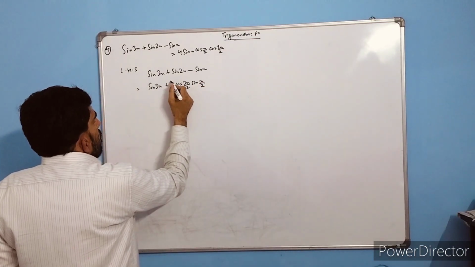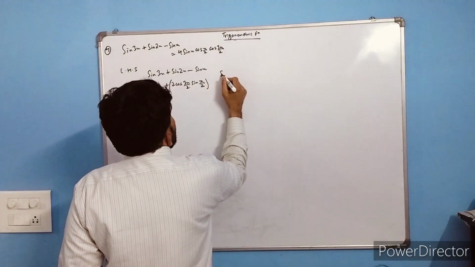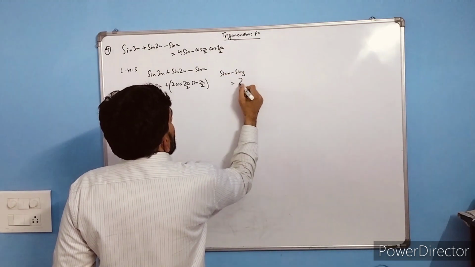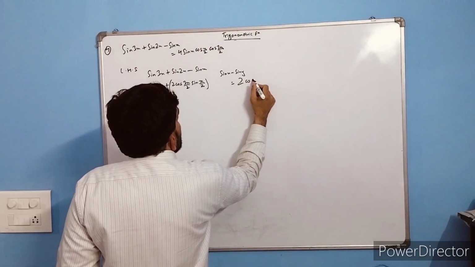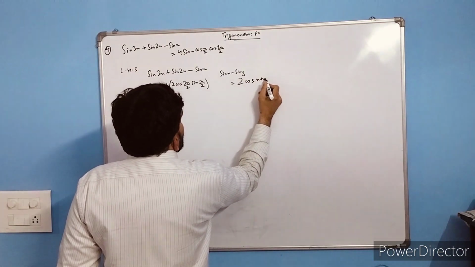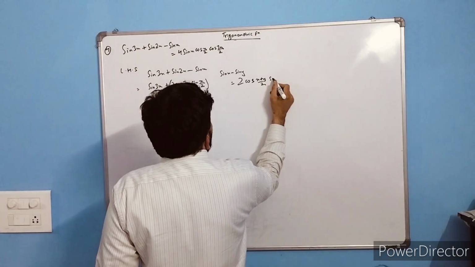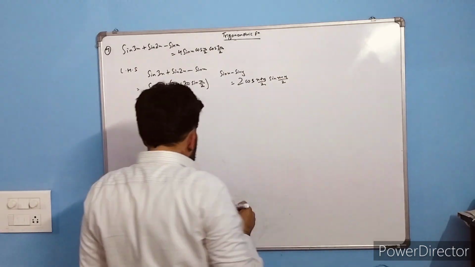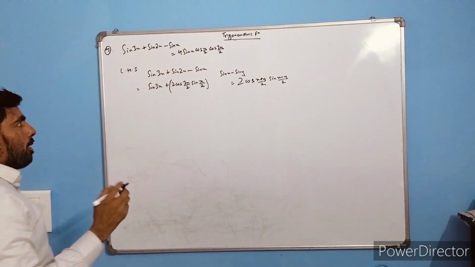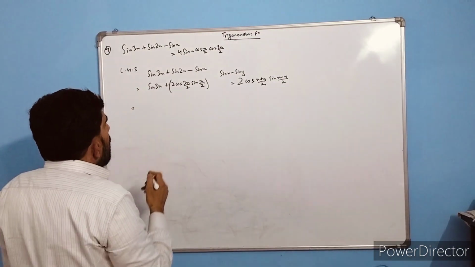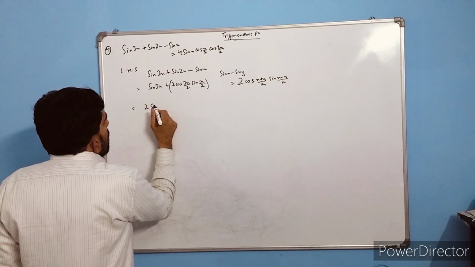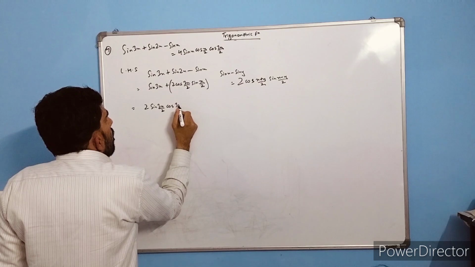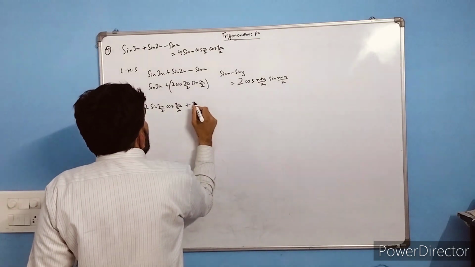Here I have applied the identity, that is sin x minus sin y is equal to 2 cos (x plus y) by 2 and sin (x minus y) by 2. So I have used that identity here. Now what we can do here is we can just use it like this.